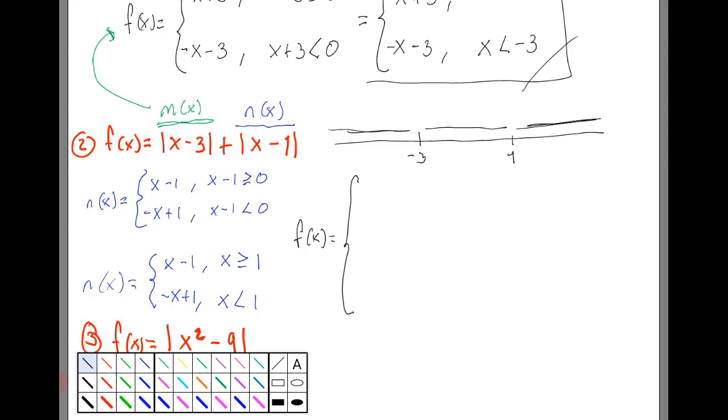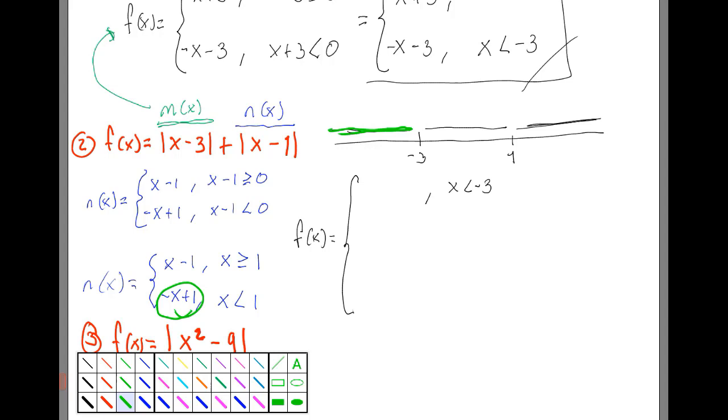I know it will have some behavior for values of x that are less than -3. So what functions are we going to use here? Let me mark it with green, this first part. For the first part, we're going to use this because values less than -3 are also less than 1.